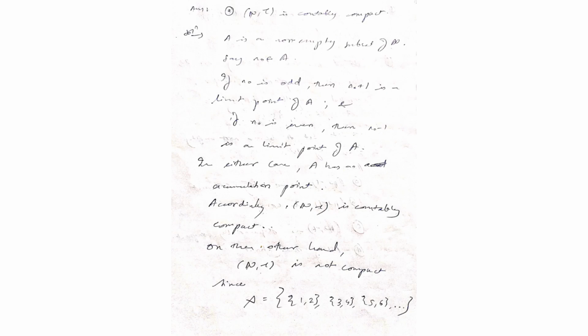How can we prove that it is countably compact? Yes, the statement you have used is wrong. So shall we proceed with the solution part, or do you want to think about it?